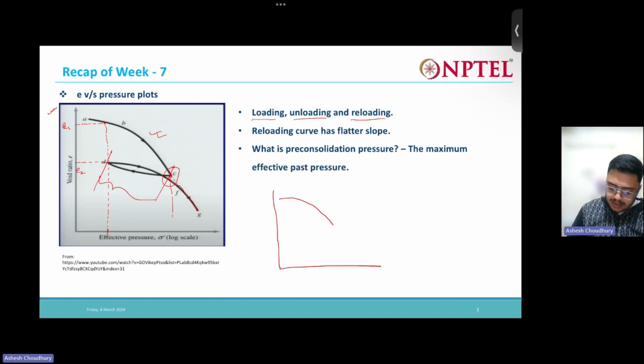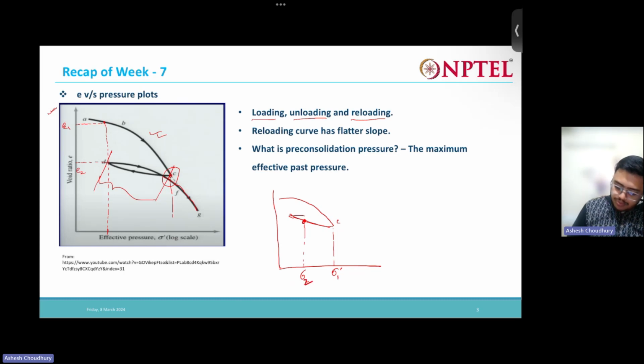As we reach the C point, say this is the effective pressure here. Now what we do, we unload it and reload it. So while reloading, say this is the pressure at this instant, at this point, say this is the pressure sigma 2.